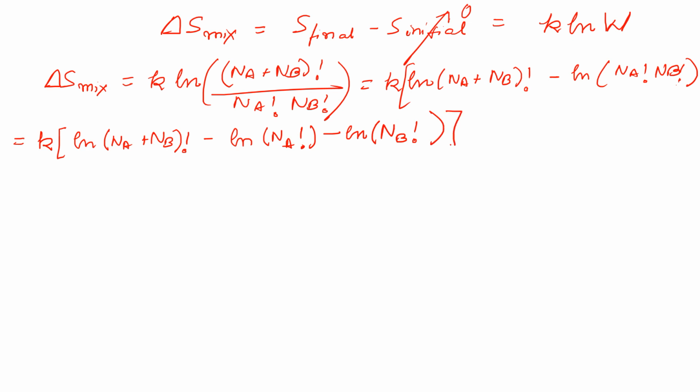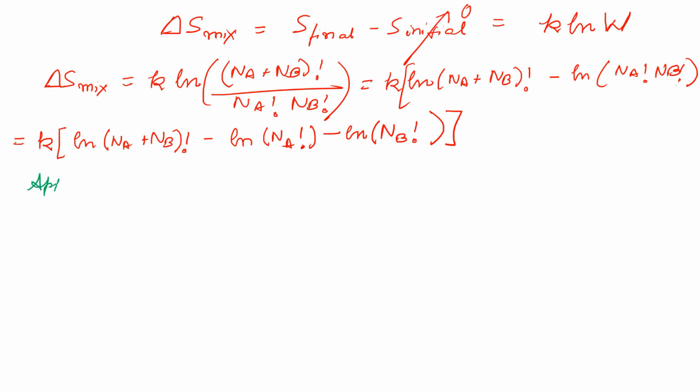Great. Now what is important to note is that this is quite cumbersome, because we know that factorials tend to multiply many folds, and if you take the logarithm of that, that will be really quite complex.